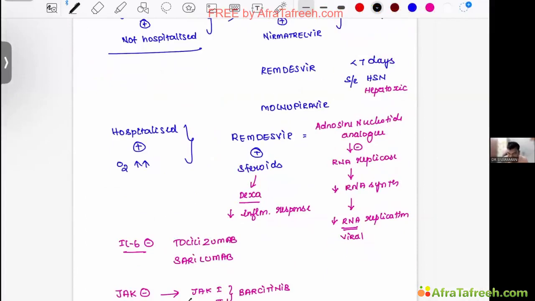Over the years the plan of treatment has changed a lot, and ultimately we end up with this group of drugs. They said chloroquine is useful, hydroxychloroquine is useful, one drug called camostat is useful, then favipiravir, ribavirin, but nothing was actually useful.